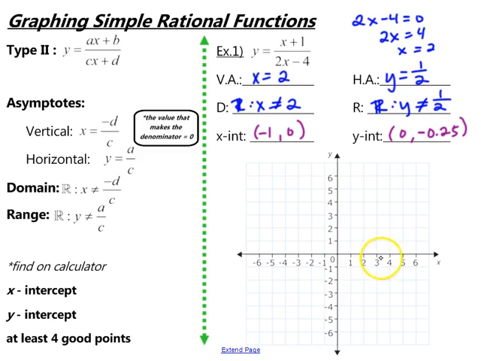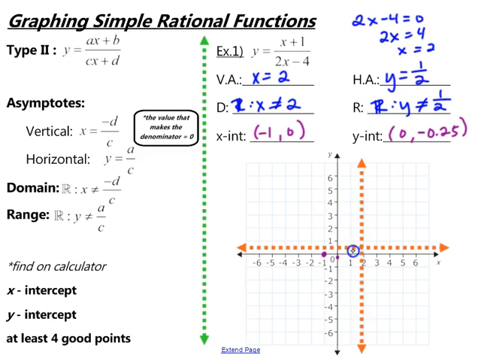And when we're graphing our function, let's go ahead and start by graphing our asymptotes. We have our vertical asymptote at x equals positive 2, and our horizontal asymptote at y equals 1/2. Now we can go ahead and plot our x-intercept, which is negative 1, 0, our y-intercept, which is 0, negative 0.25.